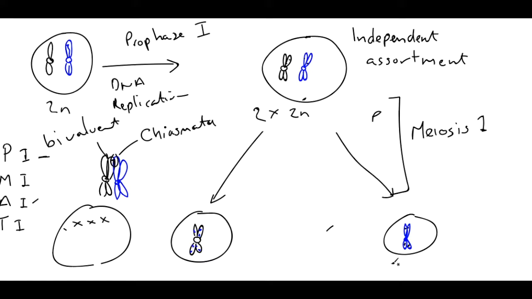Now I'm drawing one of them black and one of them blue like this, but actually because of this exchange of information, they're going to look more like this. The blue ones will have bits of black on, the black ones will have bits of blue on. They're all different. So that's meiosis 1. And now we've still got 2n, because the 2 times 2n has been halved. So these cells are 2n. That's meiosis 1.